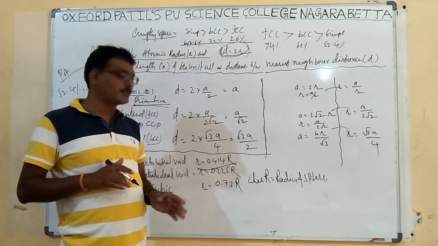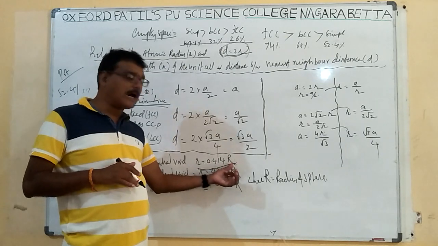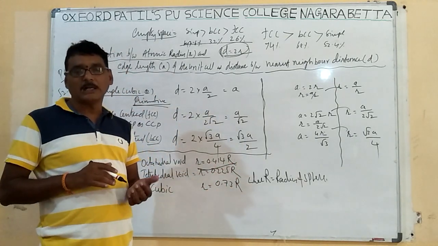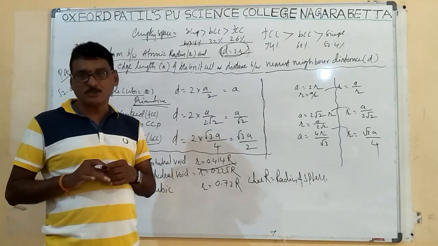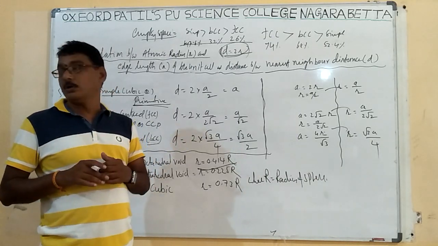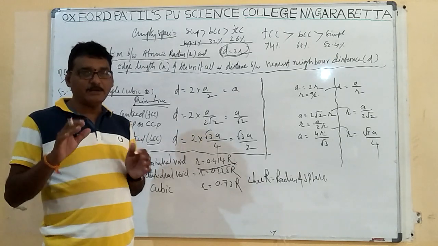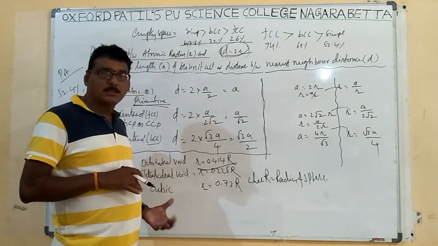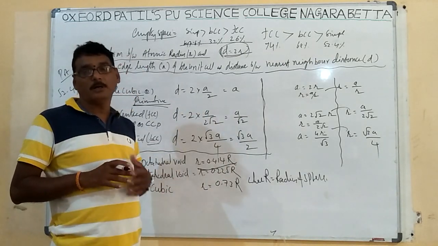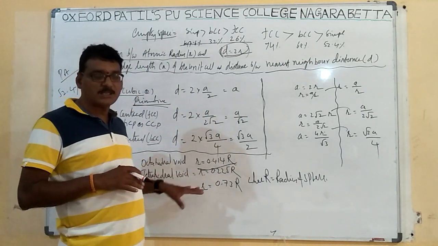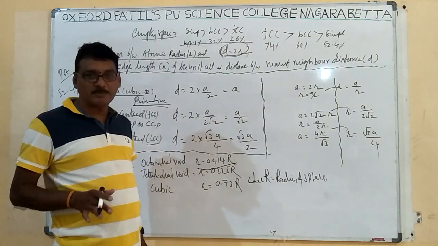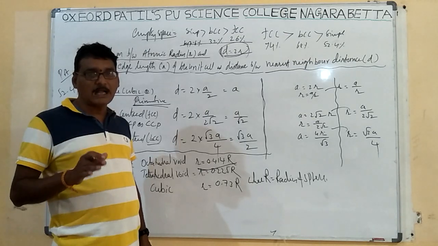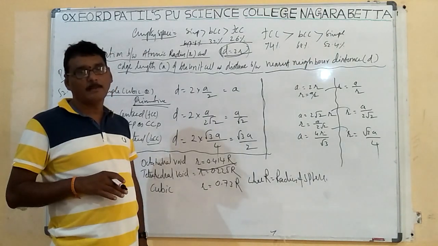This is the simplest ratio: 0.414 into R, 0.225 into R, 0.73 into R, where capital R is the radius of the sphere and small r is the atomic radius for the different voids, octahedral, tetrahedral, and also cubic voids. So this is very simple. Once you know the radius of the sphere, you can predict the atomic radius using the octa, tetra, or cubic voids.